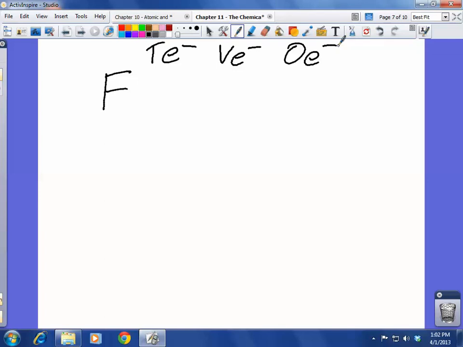Has an atomic number of 9, so it has 9 total electrons. How many of those electrons are on the outside? How many of those are valence? 7. It's in group 7A, so it has 7 valence electrons. Okay. How many orbits does it have? 2. Good.